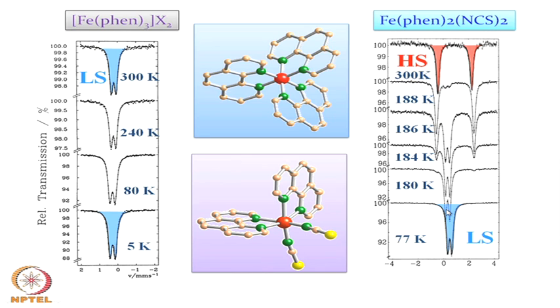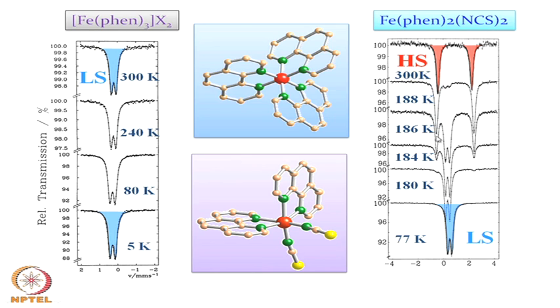And as we move up to 180 K, the splitting is increasing. At 184 K, we have 1, 2, 3, 4, all 4 signatures present.